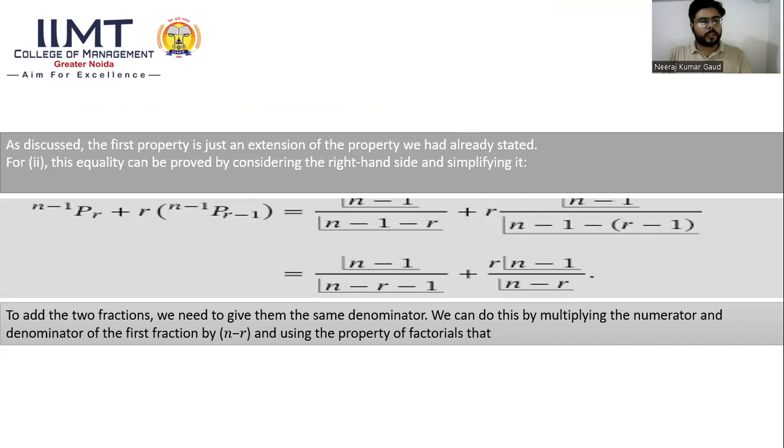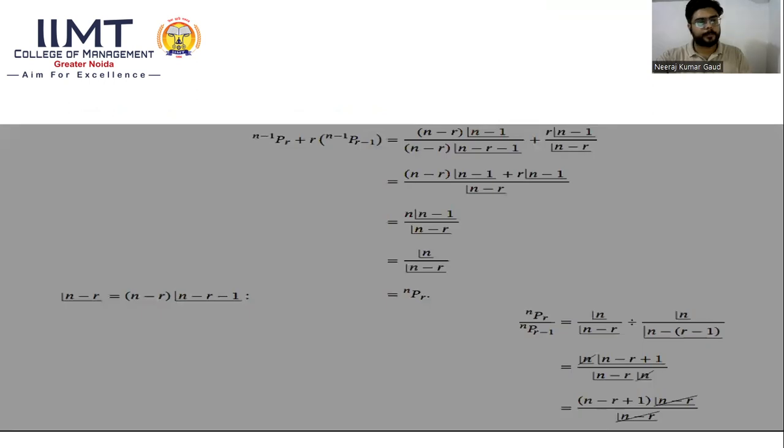To add the two fractions, we need to give them the same denominator. We can do this by multiplying the numerator and denominator of the first fraction by n minus r, using the property of factorial. So (n-1)Pr plus r times (n-1)P(r-1) is (n-r) times (n-1) factorial upon (n-r) factorial plus r times (n-1) factorial upon (n-r) factorial.